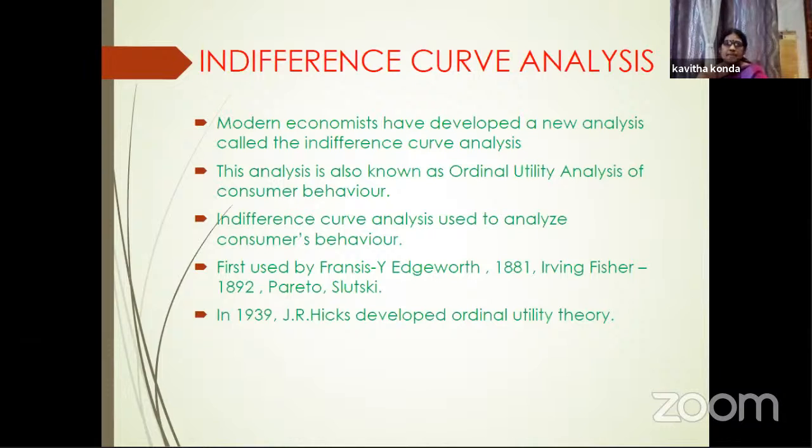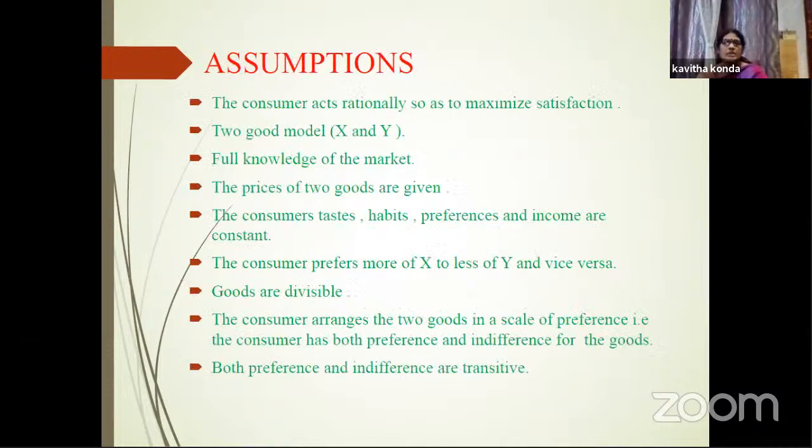In 1939, J.R. Hicks developed this ordinal utility theory. Before the 1930s, this technique was not given importance. But after 1939, J.R. Hicks developed this ordinal utility theory as a powerful analytical tool for consumer analysis.